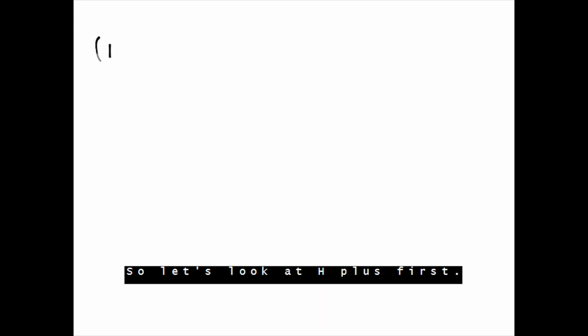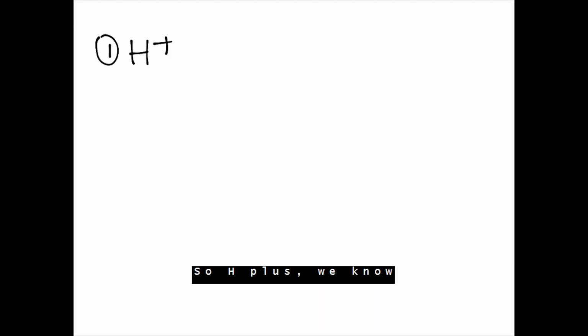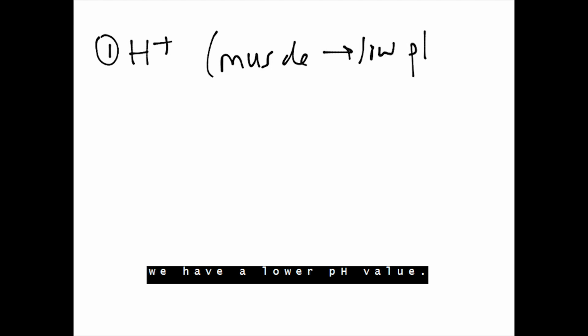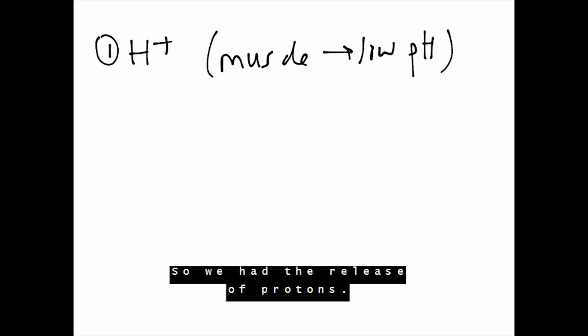So let's look at H plus first. We know in the muscles, where all this respiration is taking place, we have a lower pH value. So we have the release of protons.